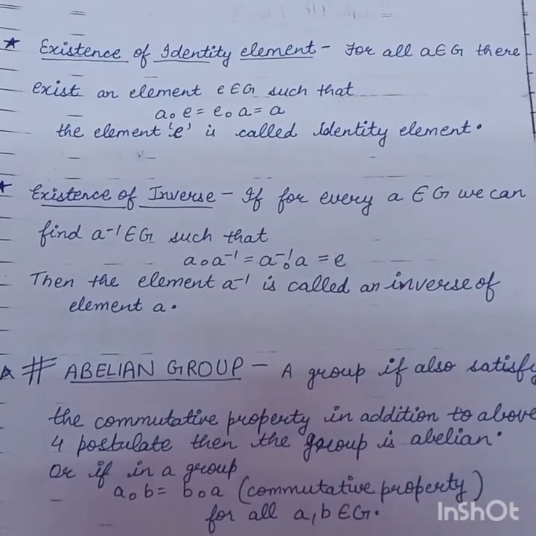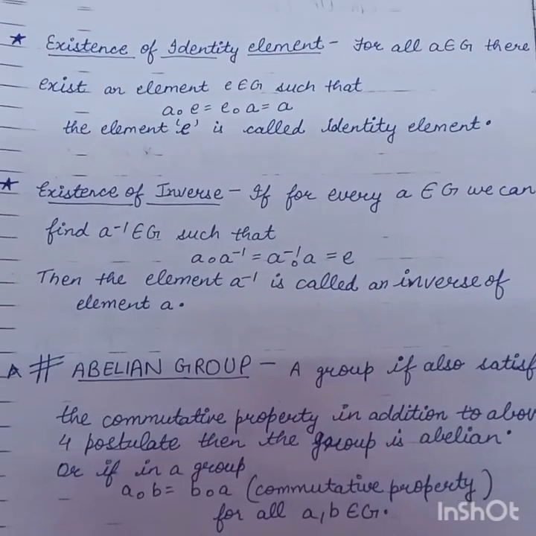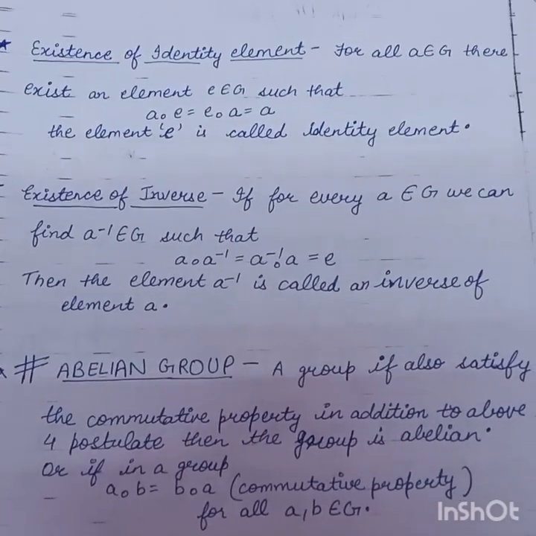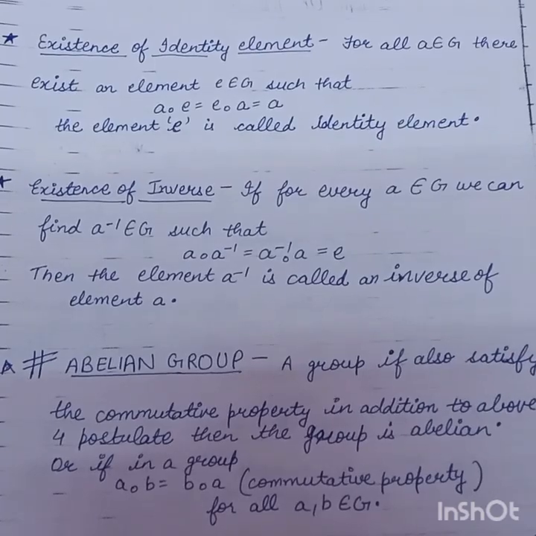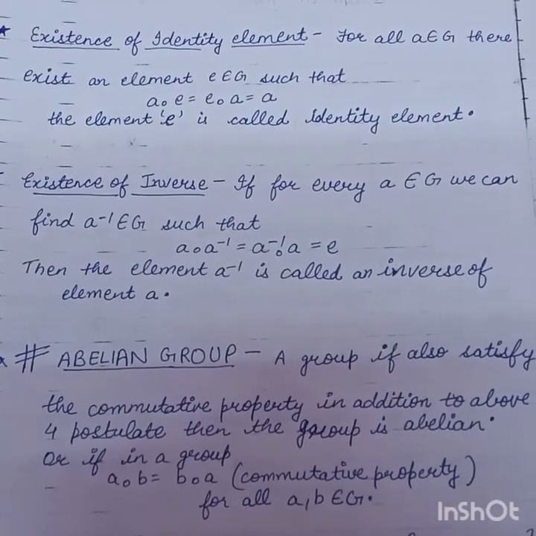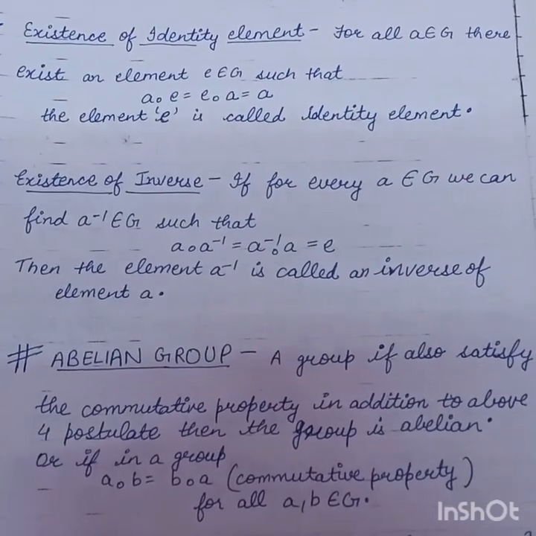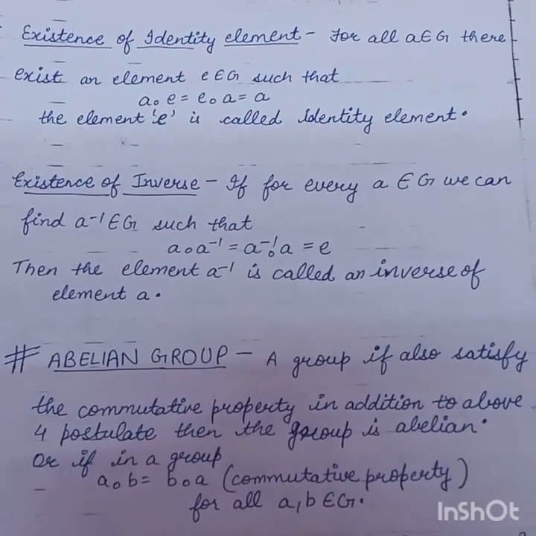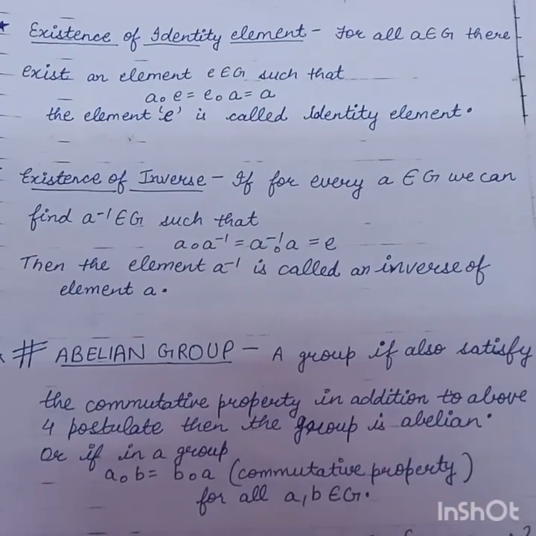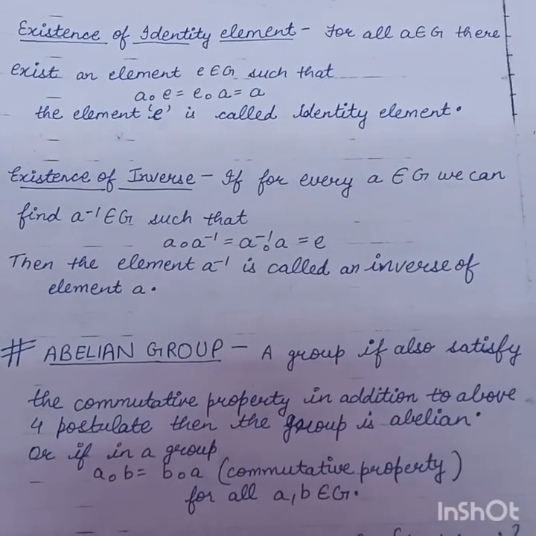Then we can say that the inverse of every element exists. And if all four properties are followed, then we can say that it is a group.